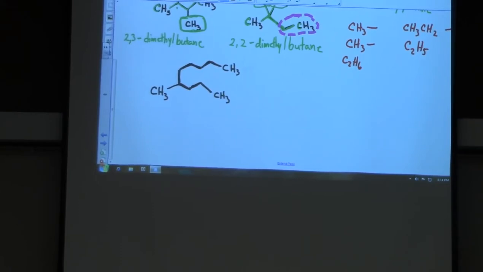Okay, don't allow yourselves to be hindered by your natural tendency to read from left to right. Remember the rules. Follow them blindly.